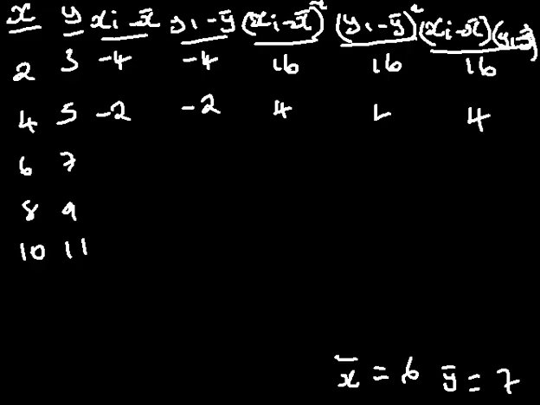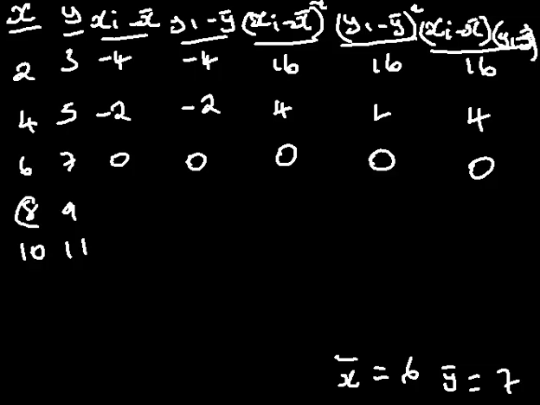Then we have another x value, which is 6. Now 6 minus the mean for x is 0, and 7 minus the mean for y is 0 as well. Then we have 0 here, and also 0 here as well.